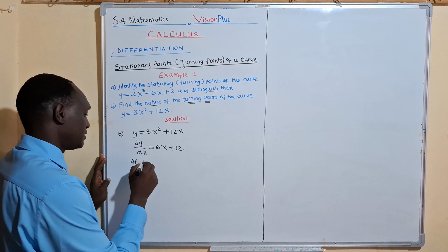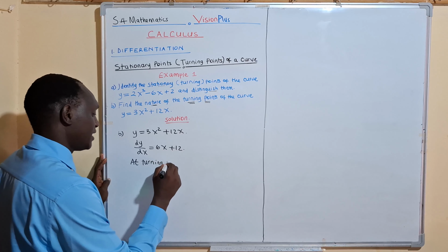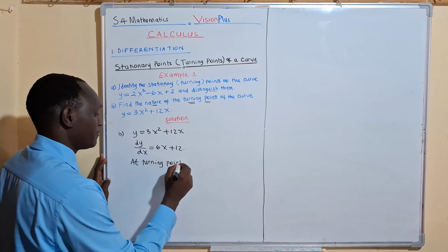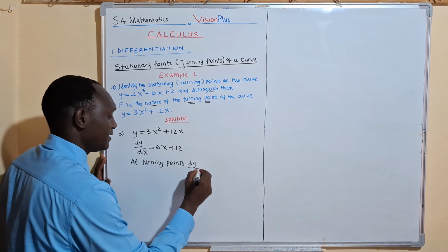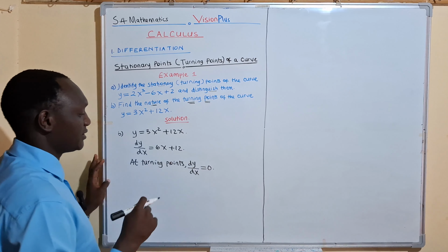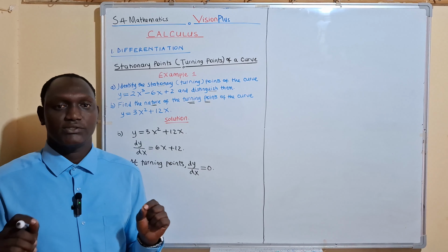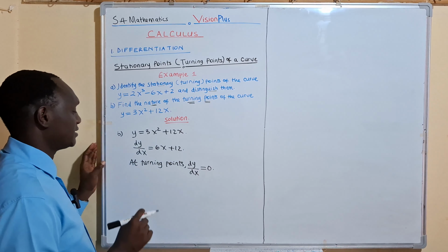At any turning point, we know that dy/dx is 0. Okay? The gradient of the curve at the turning point is always 0. That means we can substitute for dy/dx as 0 so that we get the points.